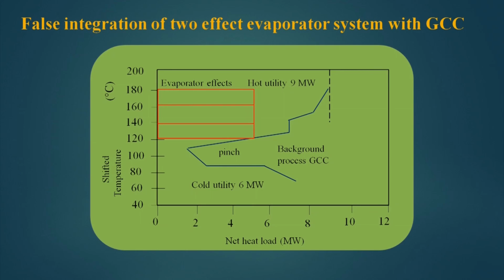Now, we have 3 effect evaporator systems. Now, if I change this 3 effect evaporator system to a 2 effect evaporator system and integrate it, maybe I can do further saving.